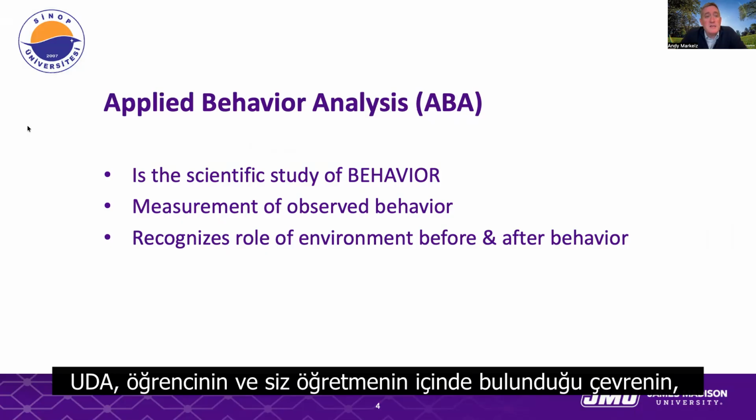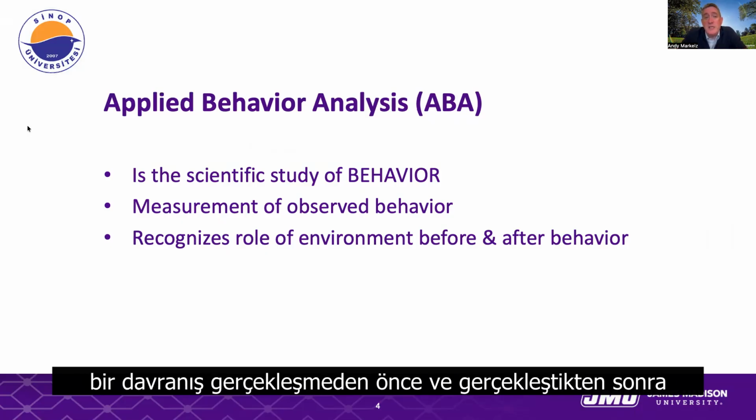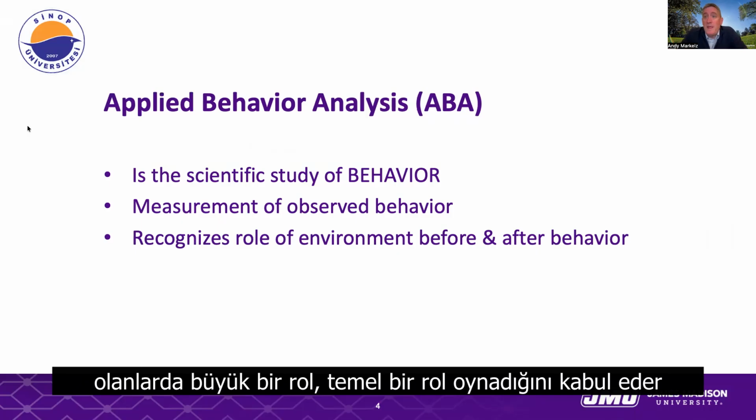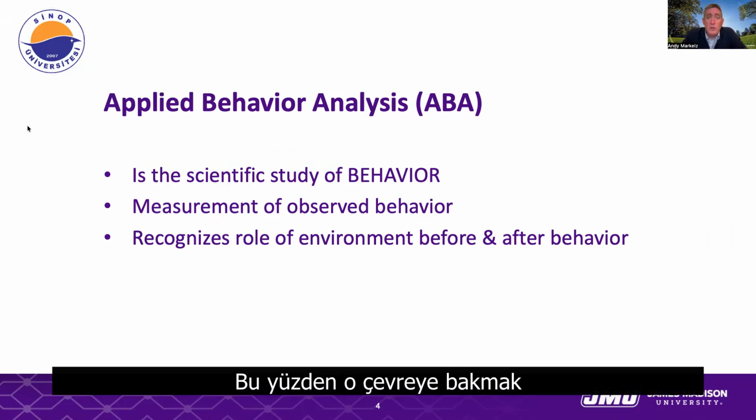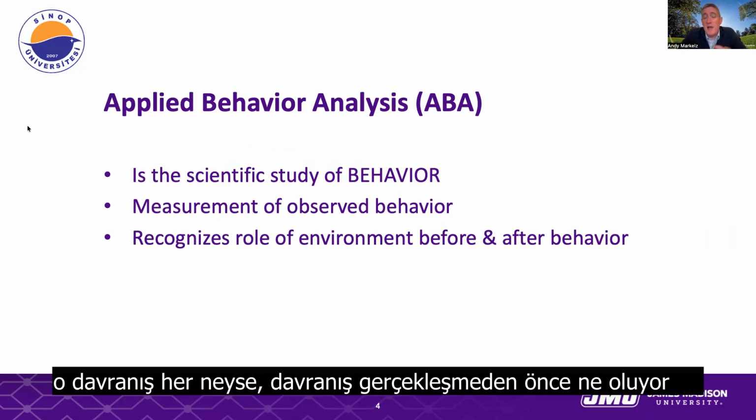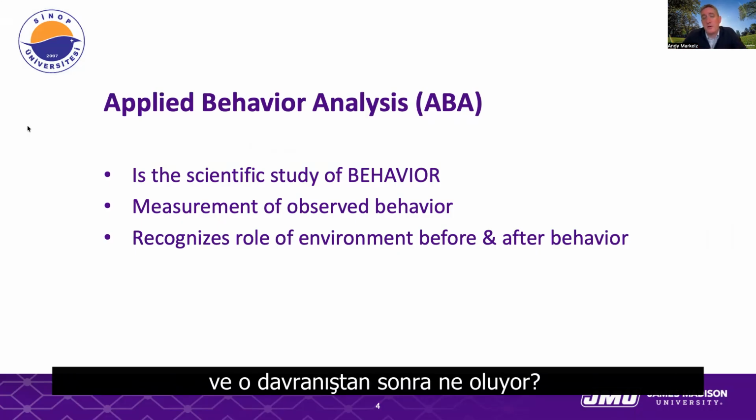ABA recognizes that the environment that the student, that you, the teacher, are in plays an essential role in what's happening before and after a behavior occurs. So looking at that environment, what's happening before the behavior happens, whatever that behavior is, and then what's happening after that behavior.